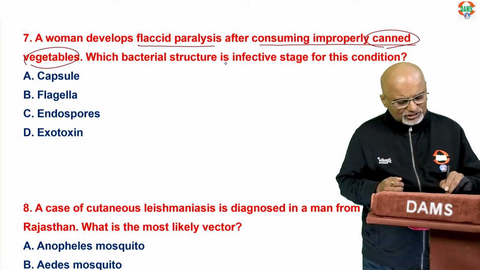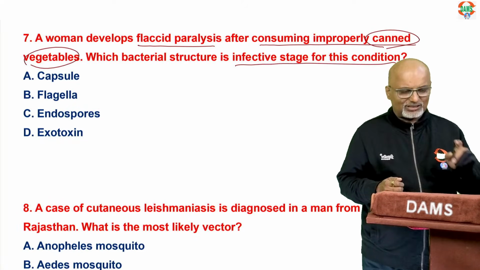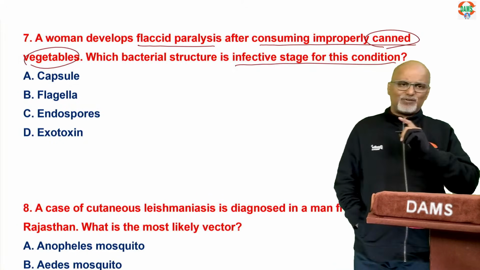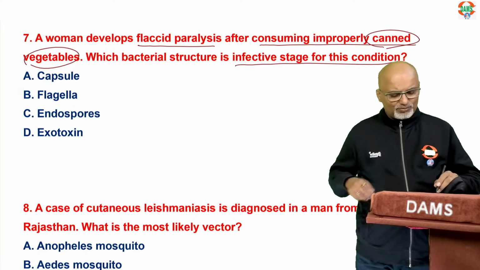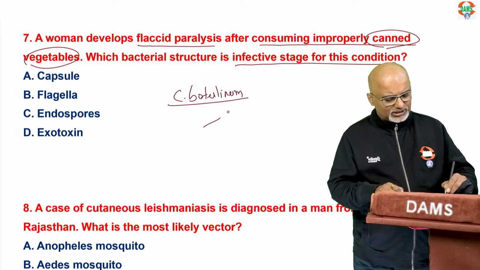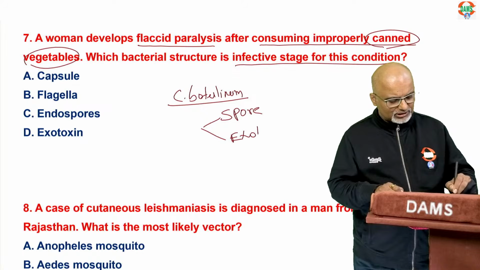Which bacterial structure is infective for this condition? Very fantastic question. Which is the infective stage for this condition? So, Clostridium botulinum, there are two infective stages. One is called spore, another one is called preformed exotoxin.